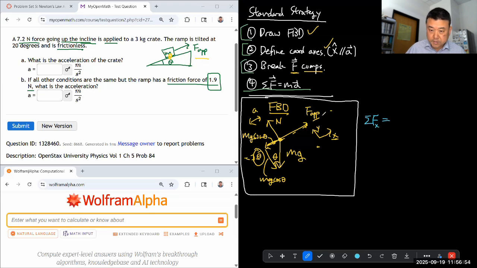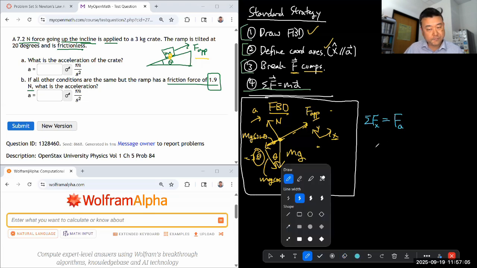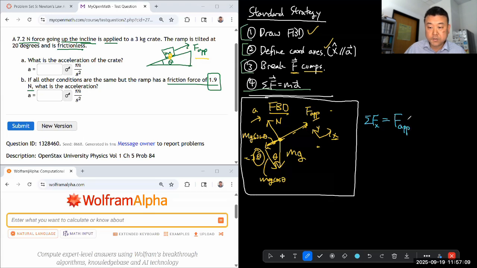I have two forces, the applied force and the x component of gravity, and for the purpose of these equations, I'm assuming acceleration is upward, and if I turn out to be wrong, there will be a minus sign that we can deal with later. So applied force upward minus mg sine theta is equal to mass times acceleration.